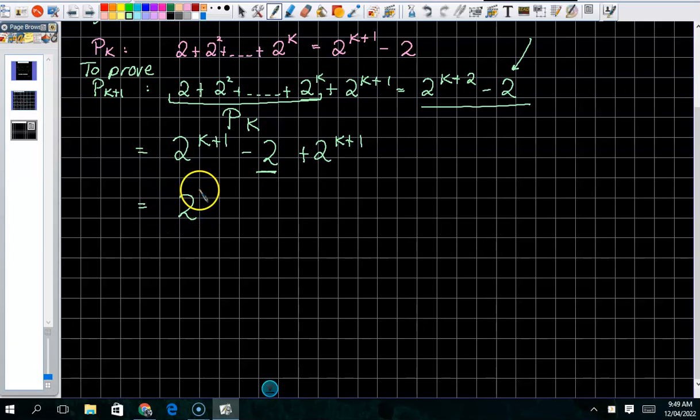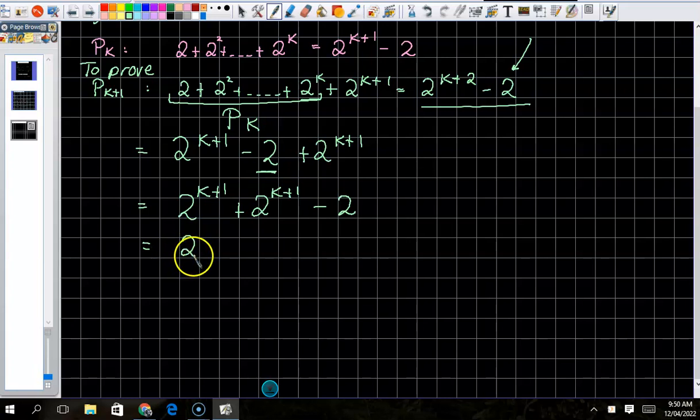So I'm left with 2 to the k plus 1 plus 2 to the k plus 1. When I've got 2 to the k plus 1 plus another 2 to the k plus 1, how many 2 to the k plus 1s have I got? 2. So I've got 2 lots of 2 to the k plus 1, minus 2.